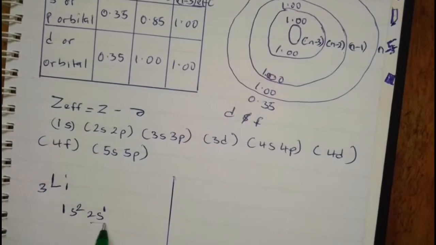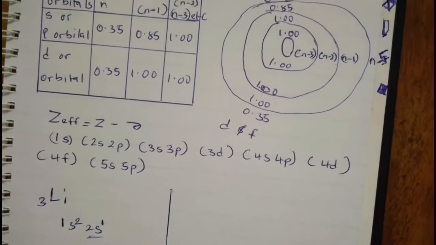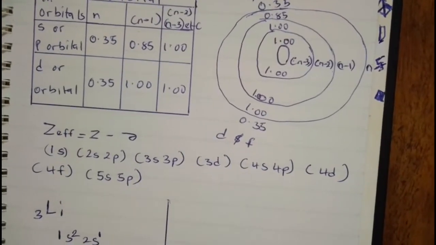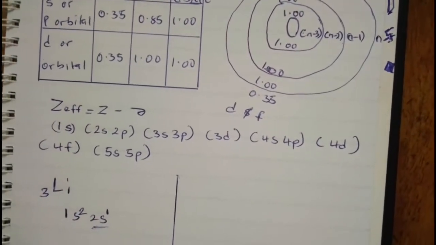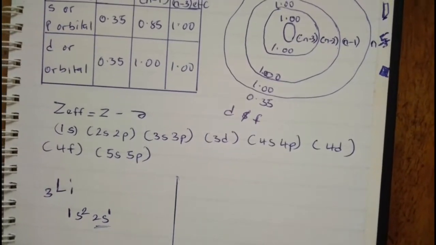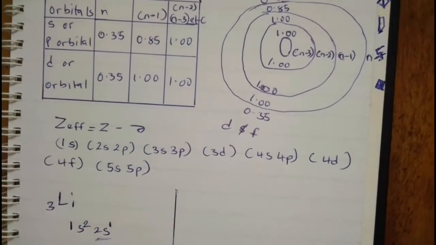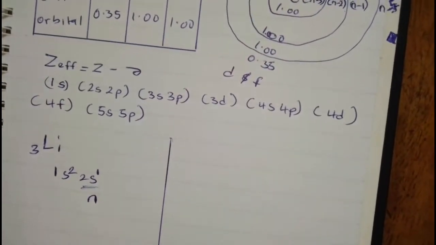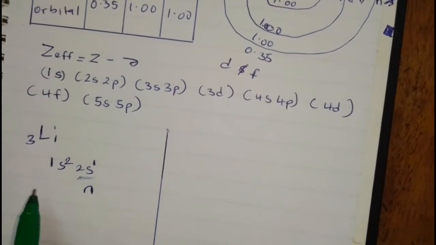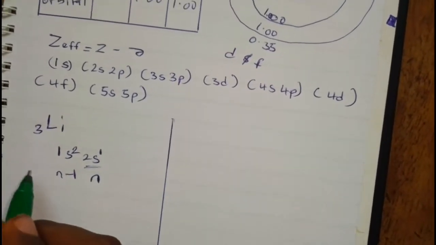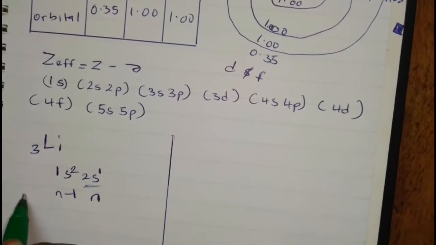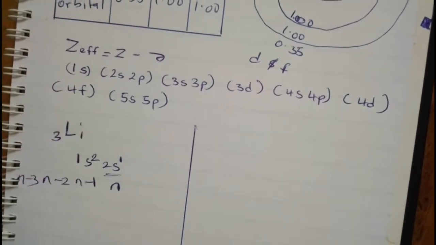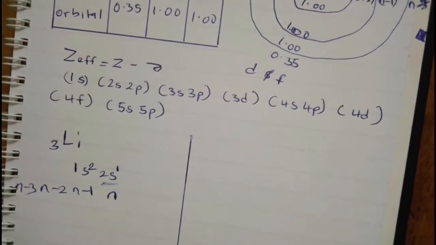This last one is the main shell, and it reduces by 0.35, and there is a loss of one electron in it. So this place, the main shell, will be our n. The one before it is n minus 1, and the one before that is n minus 2, like that. That is what we are going to look at in this video.